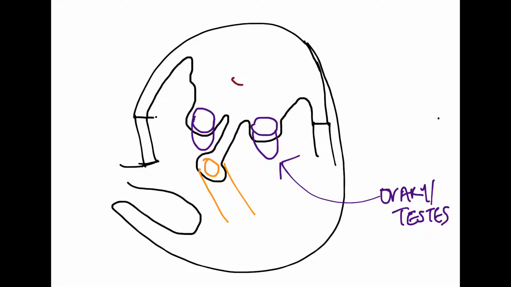Remember, we had our kidney just behind here forming, with the tubules and everything. All right, so now that we've formed our ovary and our testes, something special happens.